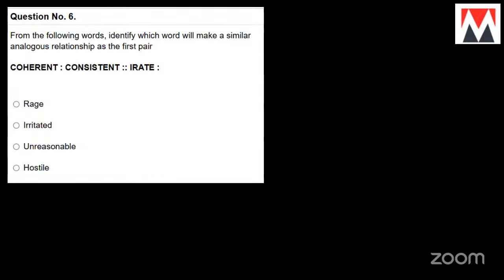So please try this. Find the analogous relationship as the first pair. Coherent, consistent, then what is irate?